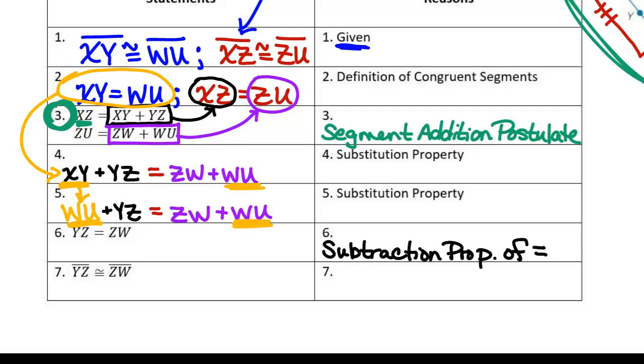So now I have that the measurement of segment YZ is exactly the same measurement as ZW. So why would I then be allowed to make this leap and say that means they have to be congruent? That is the definition of congruent segments, yes.